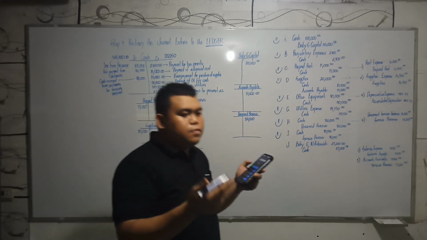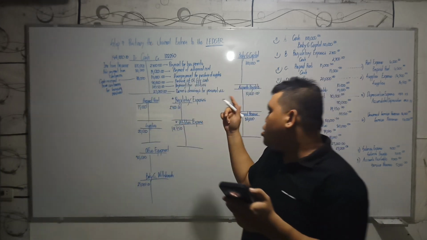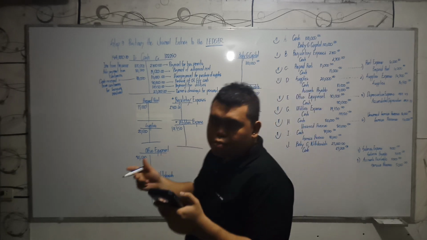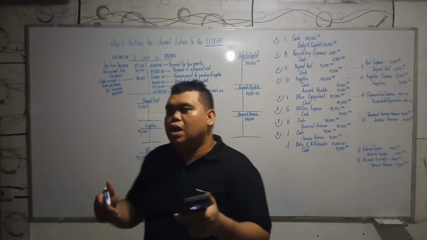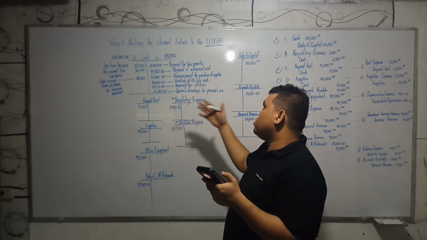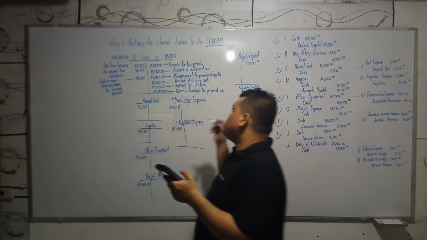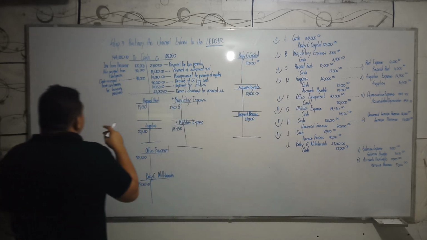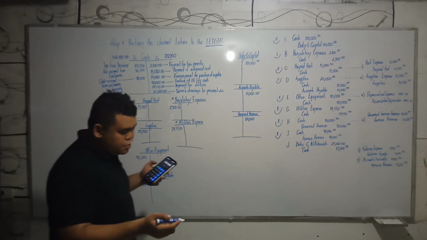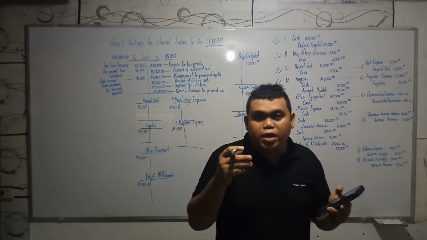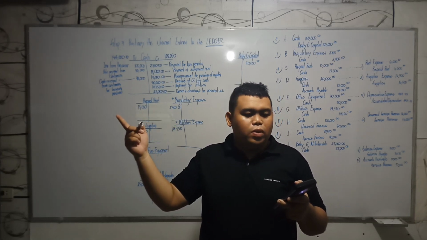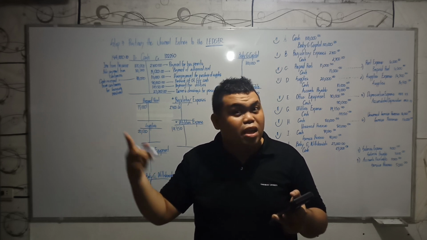So it's normal that the debits are higher than the credits. Okay? If the business is still starting, just like our comprehensive problem. But if it is already older, the company is already 2 years, 3 years, there are years that the cash inflows are lower than the cash outflows. Okay? However, as to the cash balance, it will still be debit. Because maybe even if the cash inflows for the year is lesser than the cash outflows, there is already cash that was earned by the company in last years.